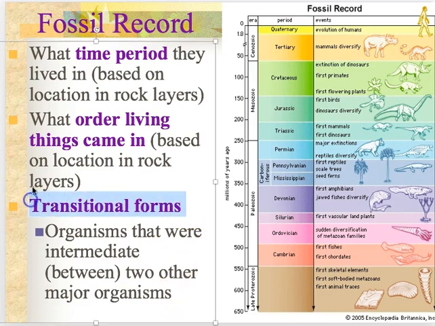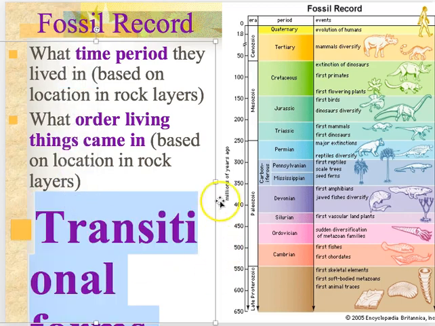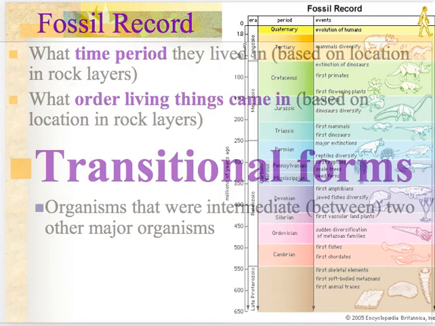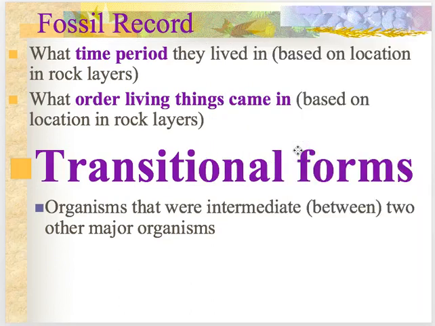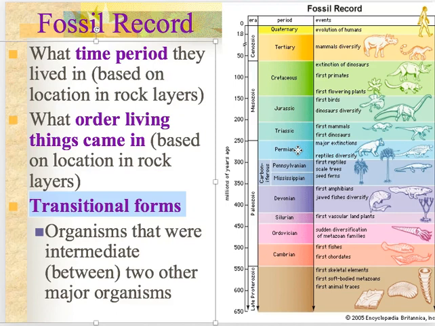This part here you probably haven't heard of before, and it's huge. Transitional forms. Transitional forms are a really big deal because those transitional forms are the organisms that are not common today.